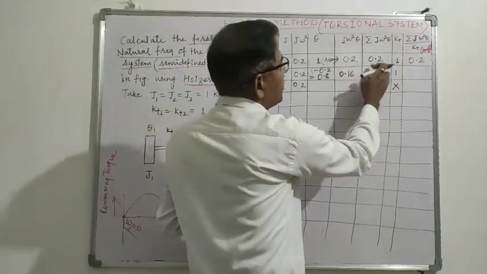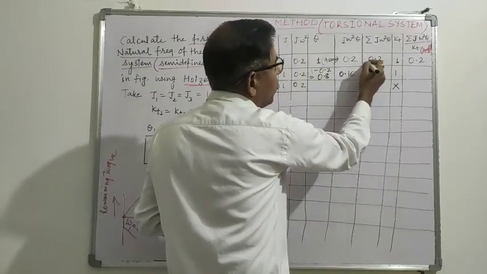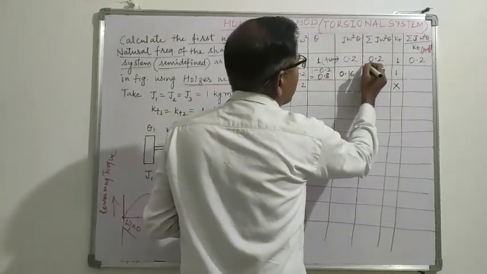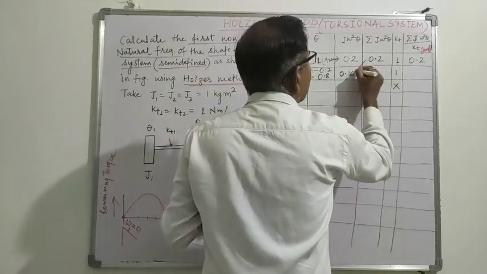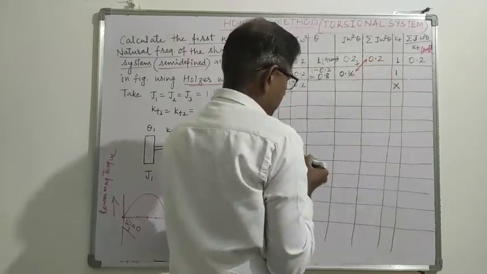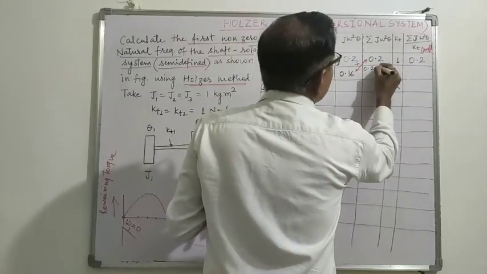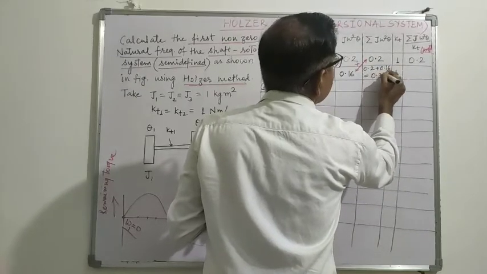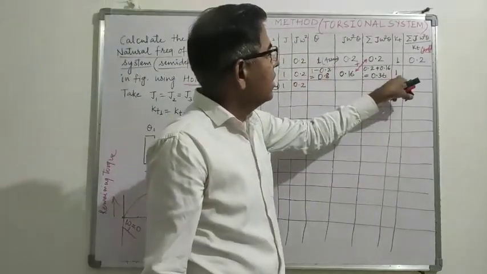Now summation of J omega square theta is nothing but this value and this value, which we have to add. Okay? So we have to add this value and this value. So here it will be 0.2 plus 0.16. So the answer is 0.36. Okay, then KT2 is 1.